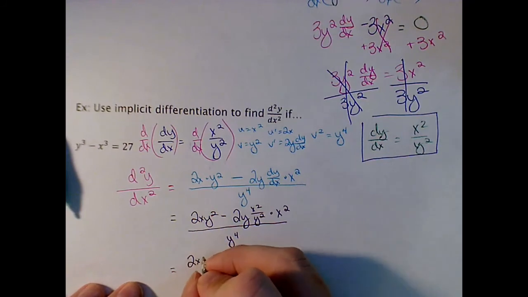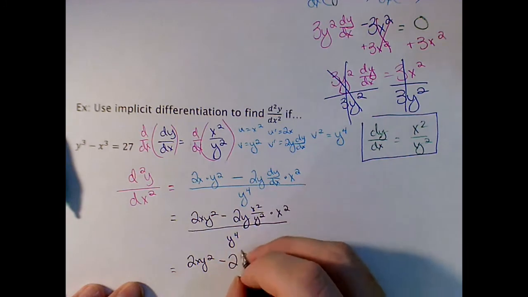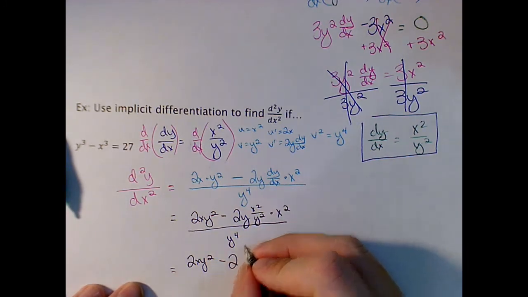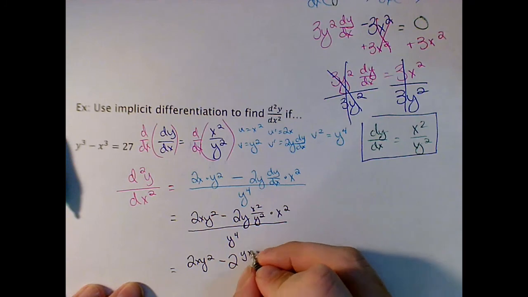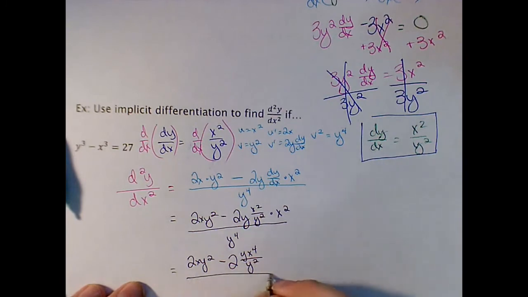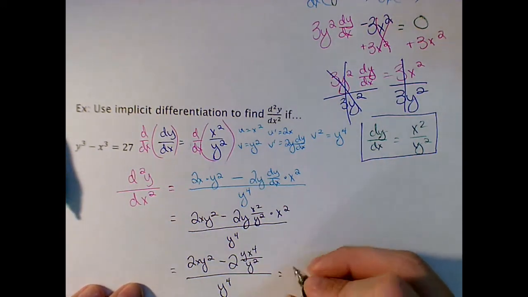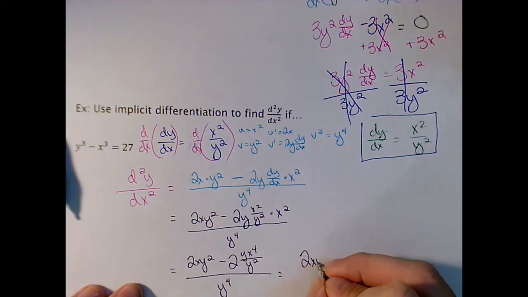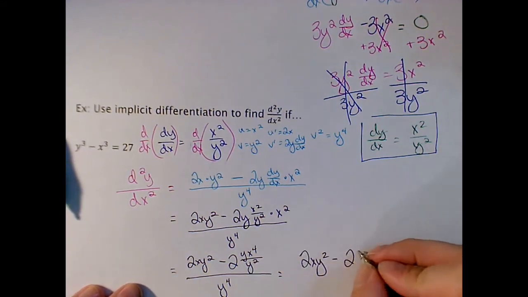So that's 2xy squared minus 2x to the fourth over y.